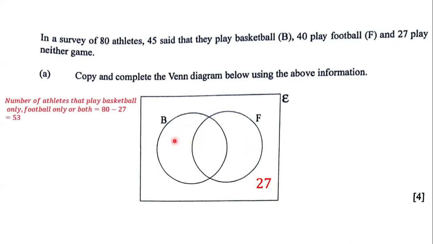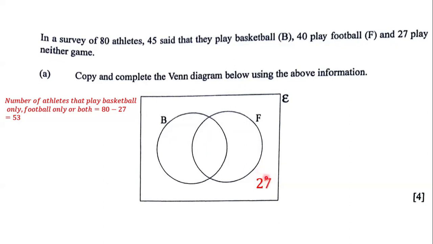Well, we can take this group of athletes and divide it into two categories. One would be the number of people who play neither basketball nor football, and that would be 27. So that's one group. These people do not play basketball, and neither do they play football.